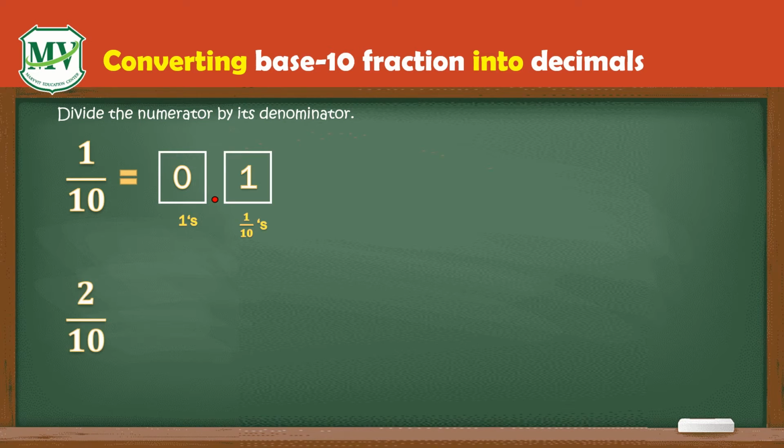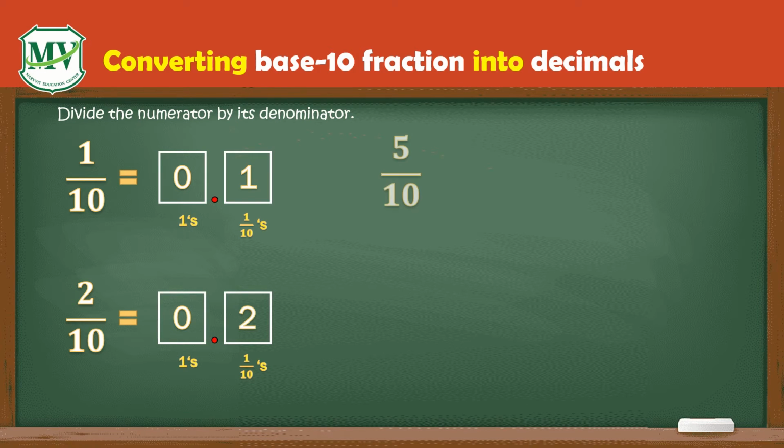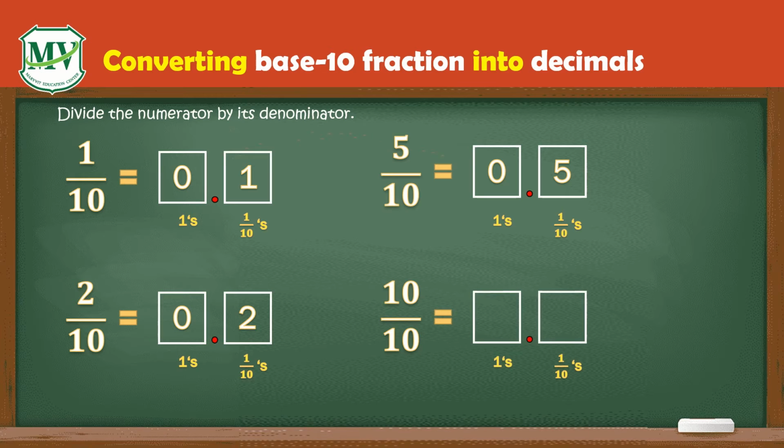Next, 2/10 is equal to 0.2. 5/10 is equal to 0.5. 10/10 is equal to 1 whole, so it is equal to 1.0.